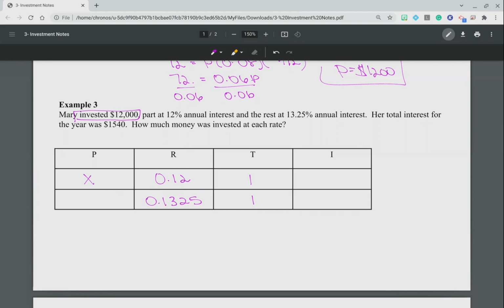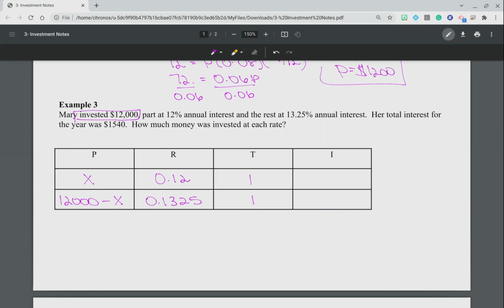X of it went into 12%. The rest of it has to go in the 13.25%. So I'm going to take $12,000 and subtract however much I already invested. And again, I don't know what that number is, so I'm just going to call it X. Okay.